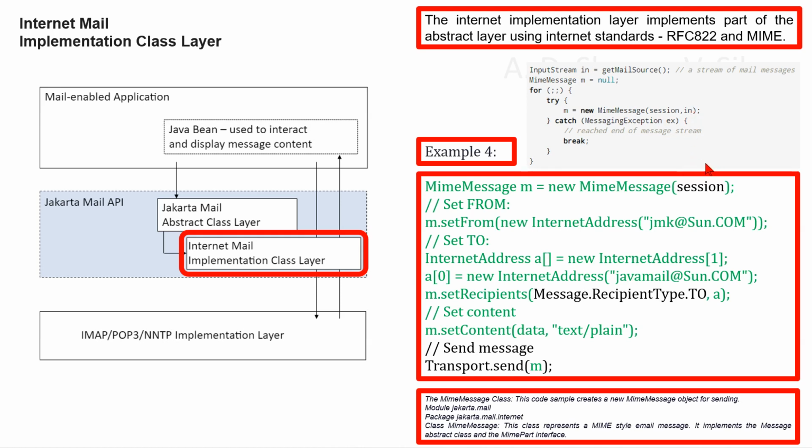The MIME message implements the writeTo method by writing an RFC 822 formatted byte stream of its headers and body. First, the MIME message object writes its headers, then it delegates the rest to the data handler object representing the content.